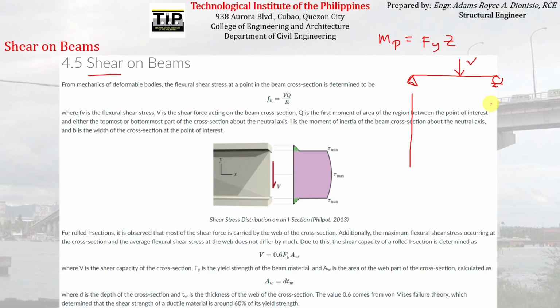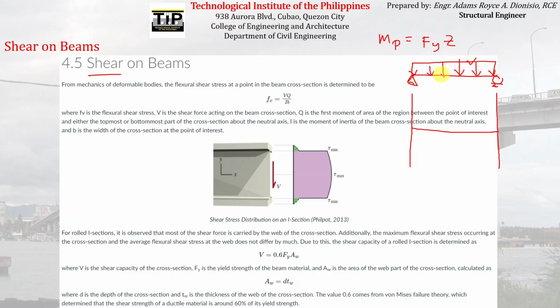As you can remember from strength of materials or mechanics of deformable bodies, there are shear forces that will be induced inside a beam. Say, for example, it is loaded by a uniformly distributed load like this all throughout its length.